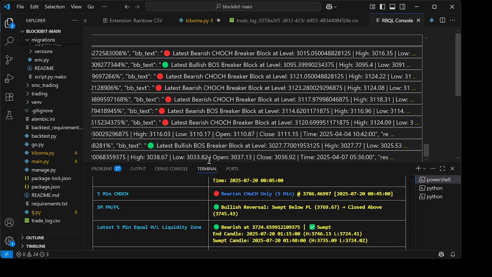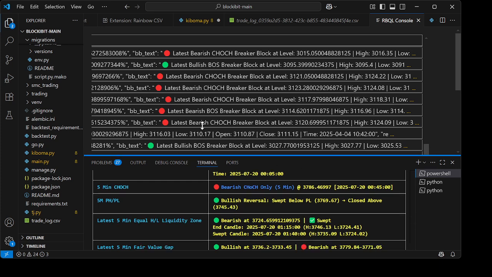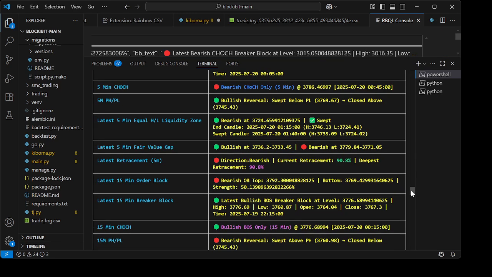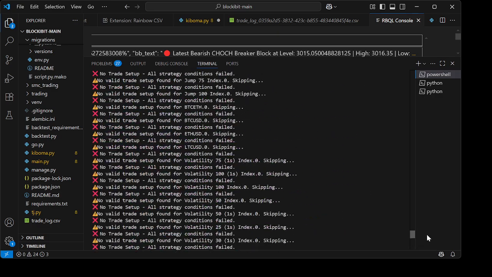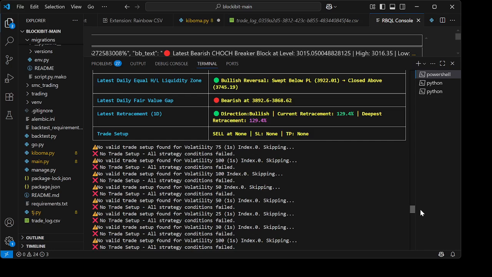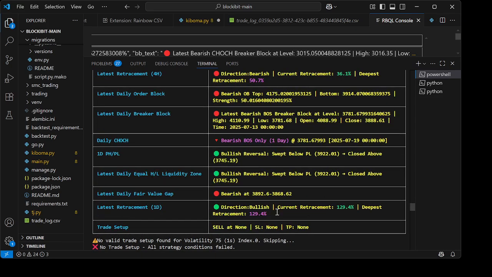For this one, the good thing with me is that I can just follow what is going on. For example, here this trade was not placed because probably the order block strength is low, below average, because I have put order block strength just like you can see here.